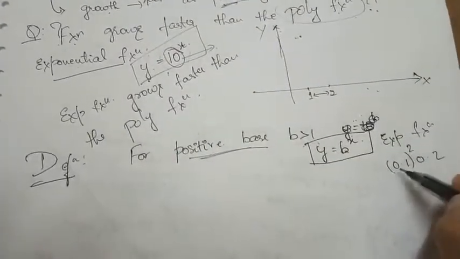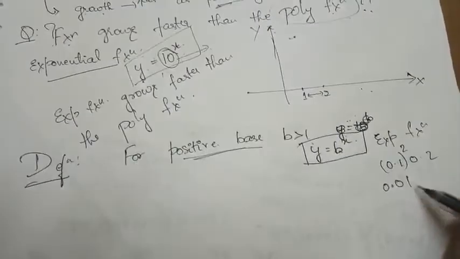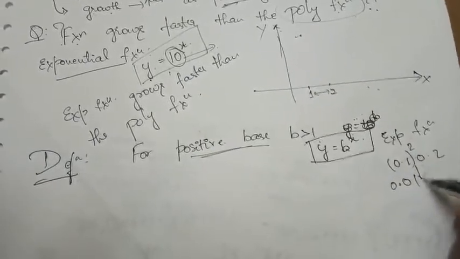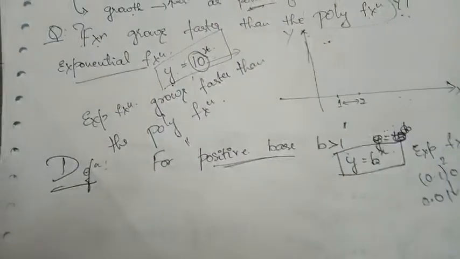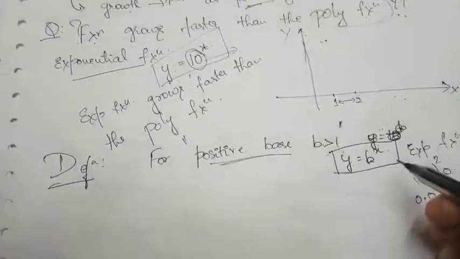What is the value of 0.1 to the power 2? It will be 0.01. So the value goes on decreasing. That's why we have considered a positive base which should be greater than 1. So b is always strictly greater than 1.